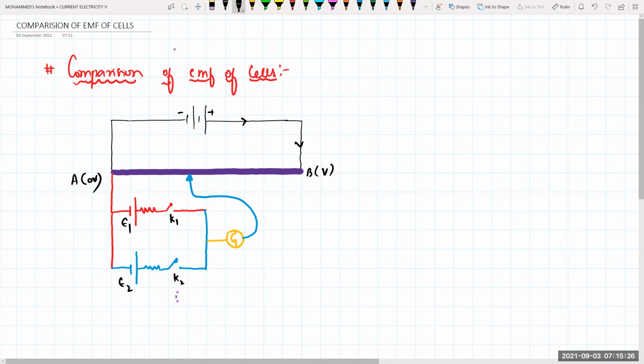Now if I close the key K1, what happens? If K1 is closed and K2 is open, then we will get the null point due to the battery E1. So somewhere here it will be balanced.